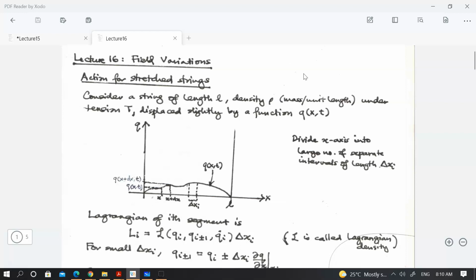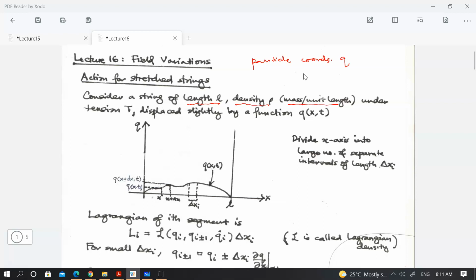The string will be considered here of length L, and of course it will carry a mass. The whole string will carry a mass, but the intrinsic property to consider here would be the density, which is going to be mass per unit length. So the idea here is we're going from the idea of a particle, which will have coordinates q.